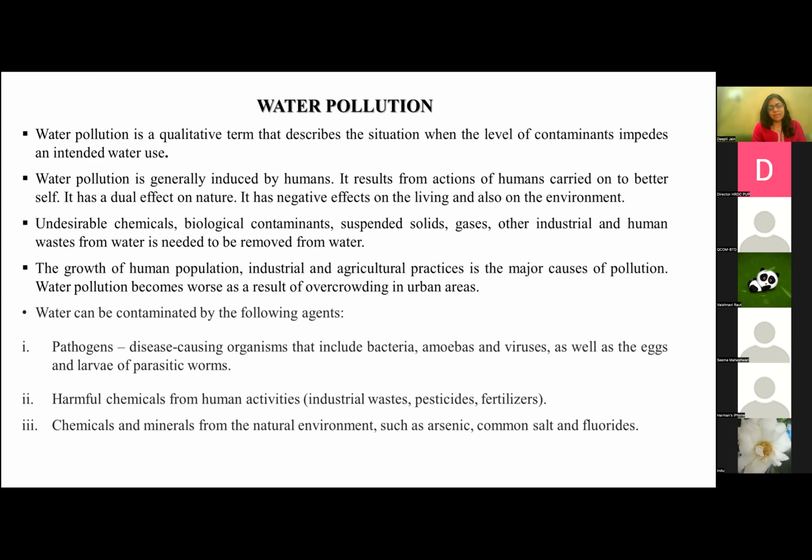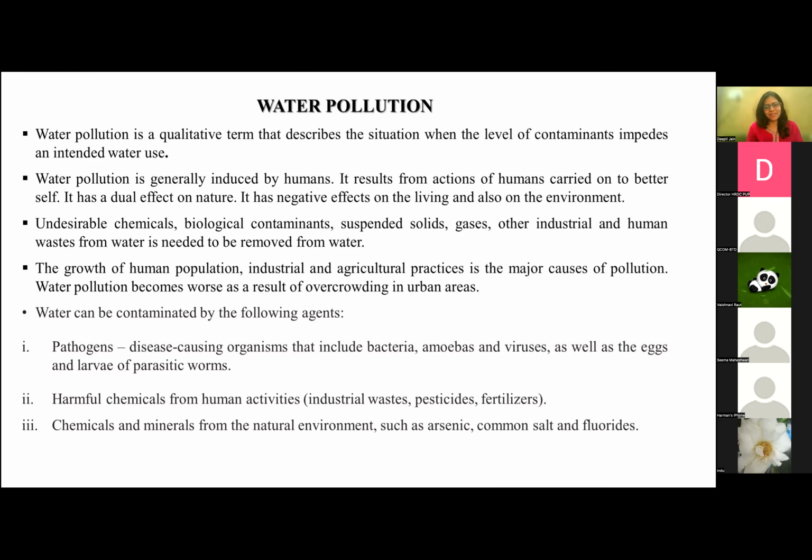Then chemicals, and why are we using these pesticides? Just to improve the yield of our agriculture, which is required by our population. So somewhere we are moving to fulfill the requirements of humans.